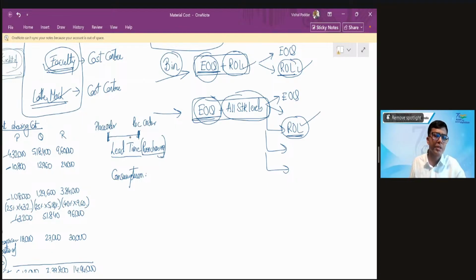Now, please understand the difference. What is this difference of placing order and receiving order? So, I order my rice from Punjab. My rice does not come from my place. I get it from Punjab. Now, in such a case, the supplier from whom I am getting rice is sitting in Punjab.